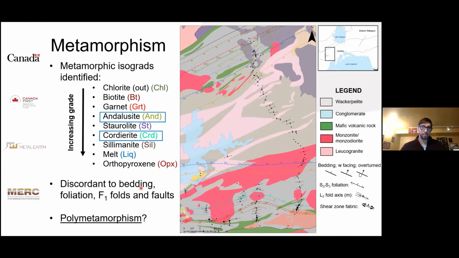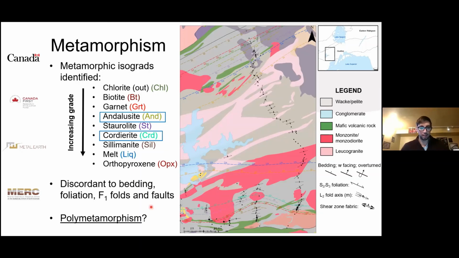The isograds are generally slightly discordant to the bedding, to the main foliation, and to structures. I also wanted to point out that the chlorite, biotite, garnet, staurolite, and sillimanite isograds are all along the typical Barrovian gradient, but the andalusite and cordierite isograds typically don't fit with this Barrovian gradient.